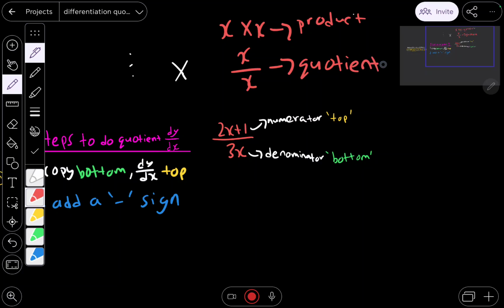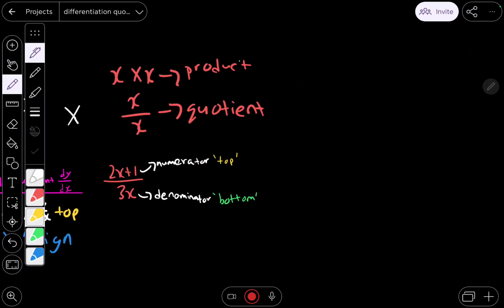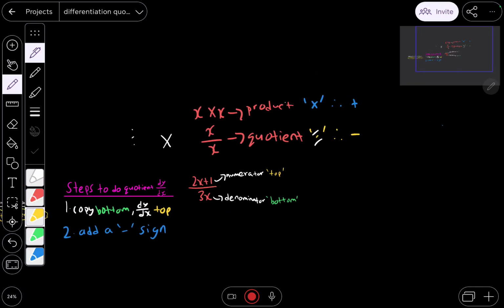So think about it. For product, how do I think of it? The times is an inverted plus, so therefore plus. For quotient, the divide, just cancel out the two dots, and automatically it becomes a minus. So this is how I think about it.